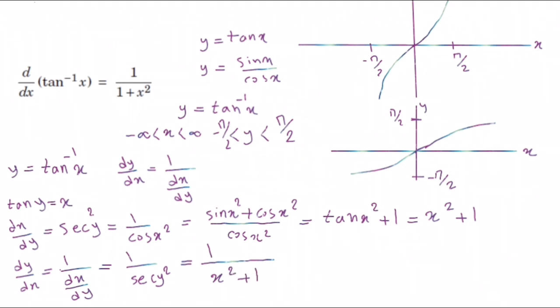And here the formula is proved, and the derivative of the inverse function of tangent x with respect to x equals 1 over x squared plus 1.